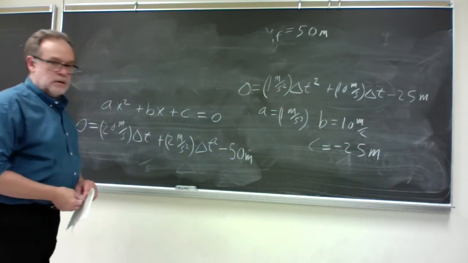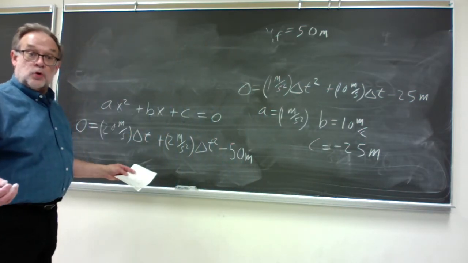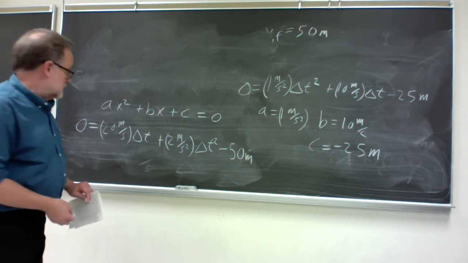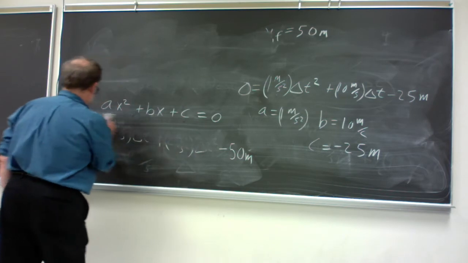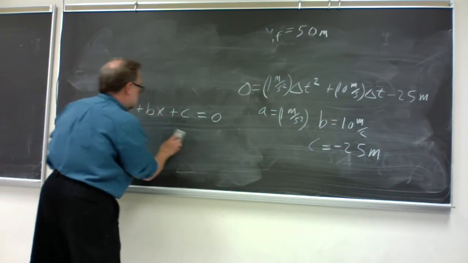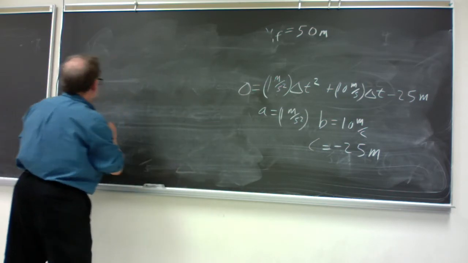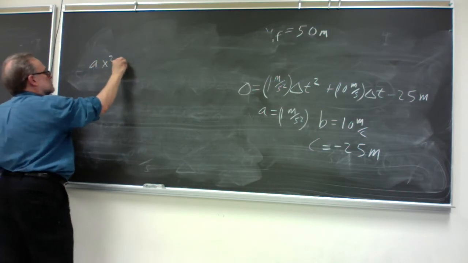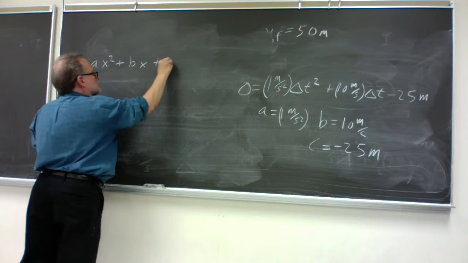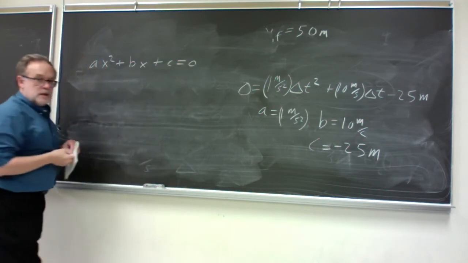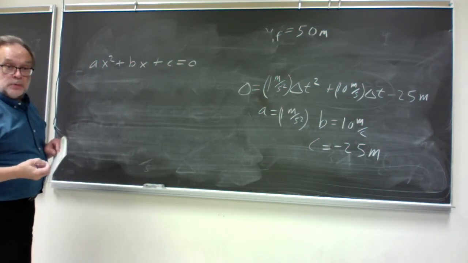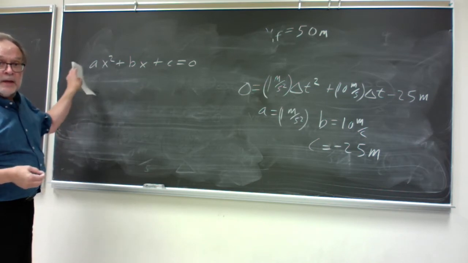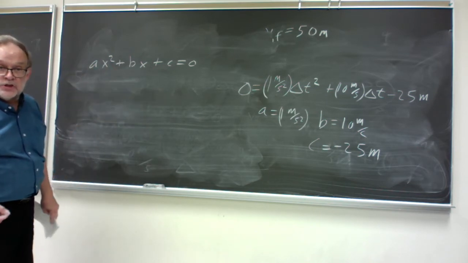Now, we use the so-called quadratic formula. And the quadratic formula tells us that anytime we have an equation of this form, there'll be two different values of x that actually solve that equation, that actually make the left-hand side of the equation come out to 0.